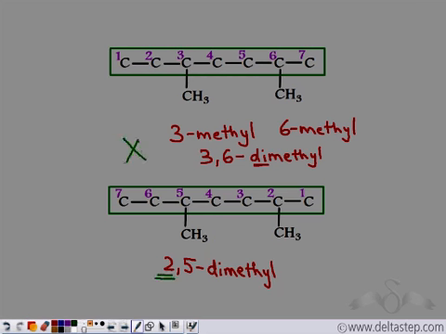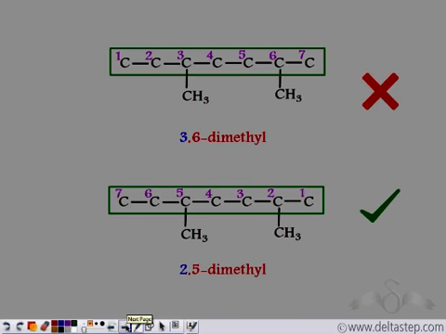So this is wrong and this is right. We always give the number to the substituent which is encountered first. That is, we give the lowest number to the substituent. In this case, we have two substituents, so we look for the first number. The first number in this case is 3 and the first number in this case is 2. So we use this, that is 2,5-dimethyl.